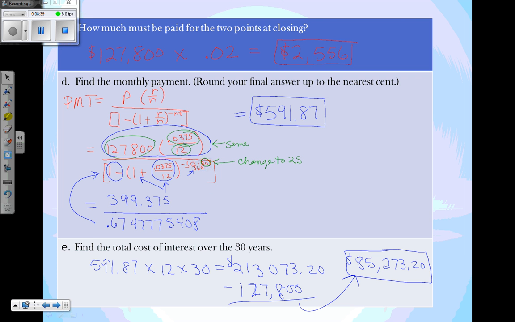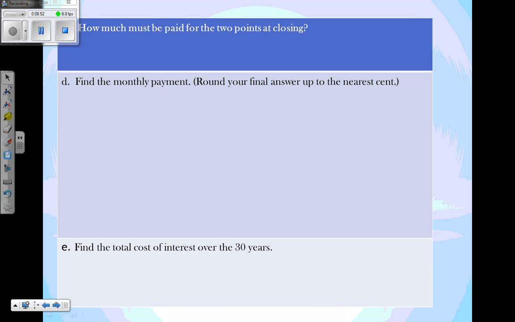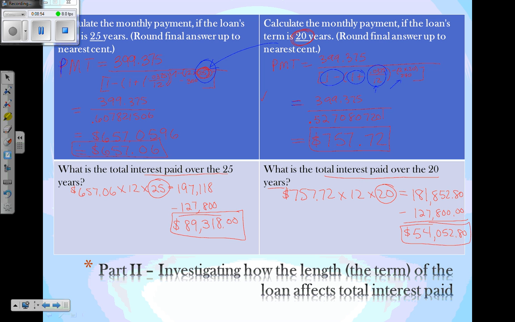First of all, we started off with a payment of $591.87, but we were paying $85,000 to the bank in interest. When you shortened the loan to 25 years, our payment went up to $657, but our interest paid went down to $89,000.